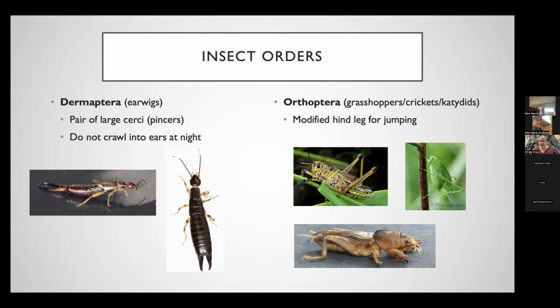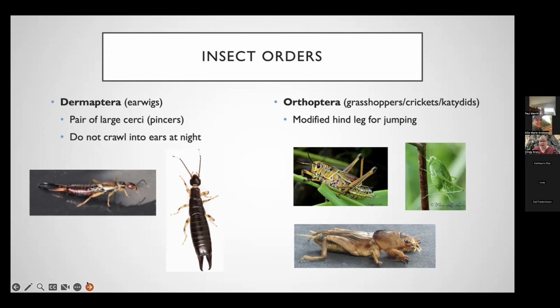Orthoptera on the right-hand side is a range of grasshoppers, crickets, and katydids. You have your grasshopper on top, your katydid on the right here, and on the bottom is a mole cricket. They have modified hind legs for jumping. They're called saltatorial. You can see they have really long, large legs that allow them to jump long distances.